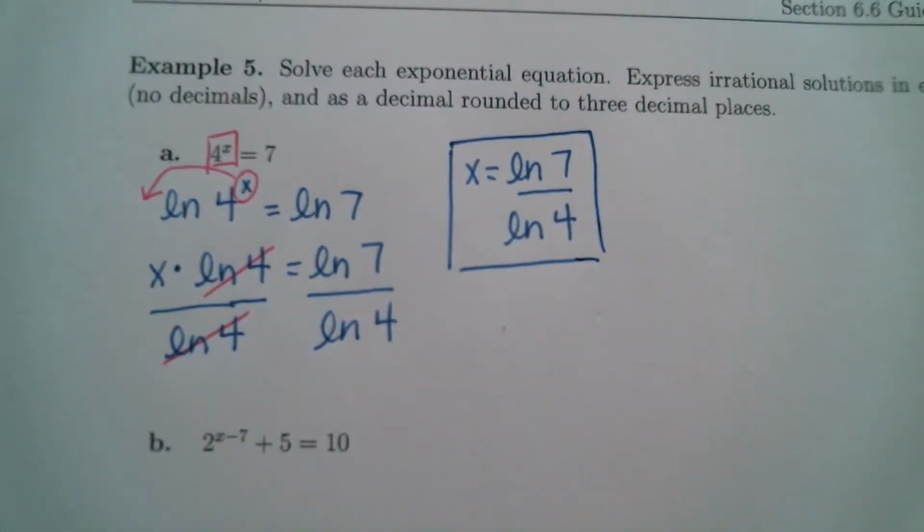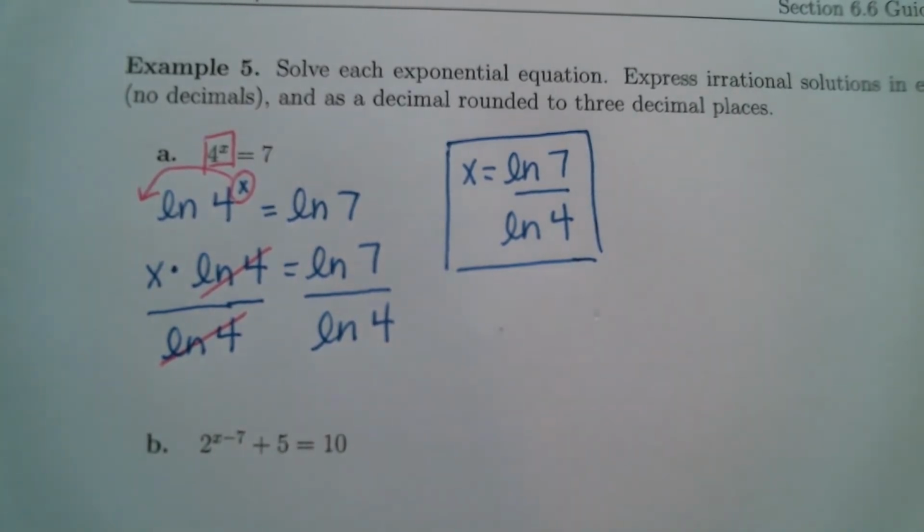And by the way, the natural logs do not cancel. Do not cancel the natural logs and tell me this is 7/4. The natural logs are there. They do something. The natural log does something to 7 in the top and makes it a crazy number. The natural log in the bottom does something to 4 and makes it a crazy number. So that is your exact answer.